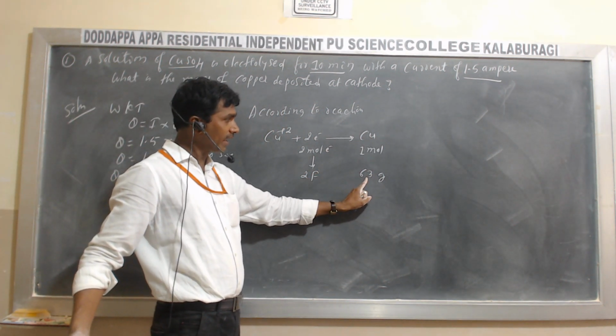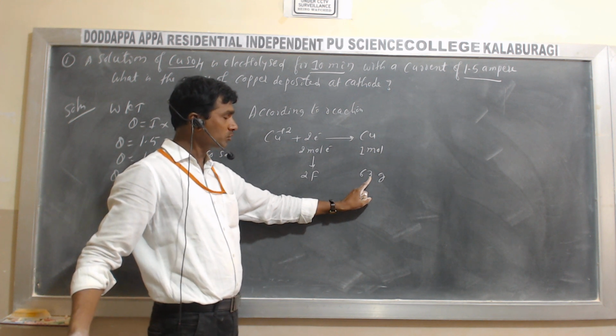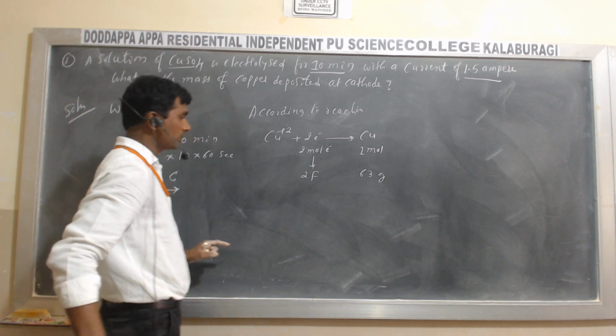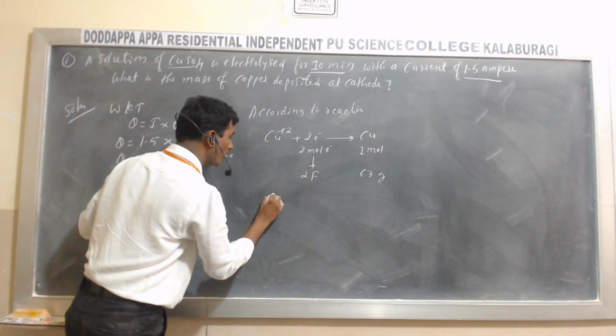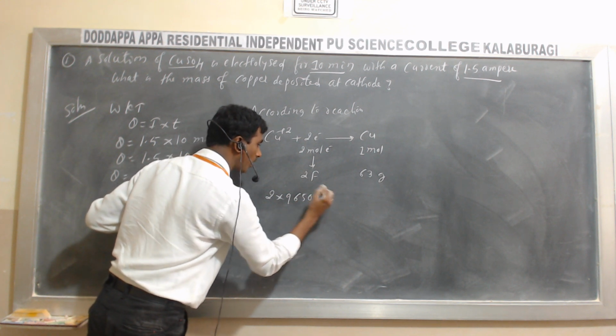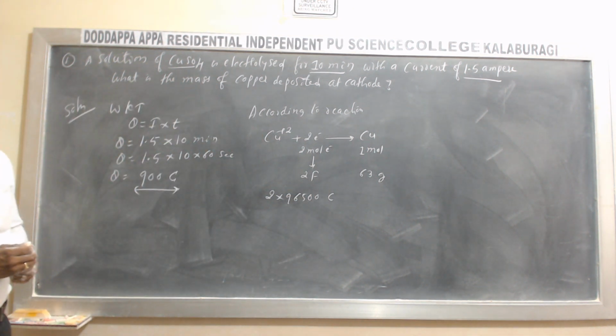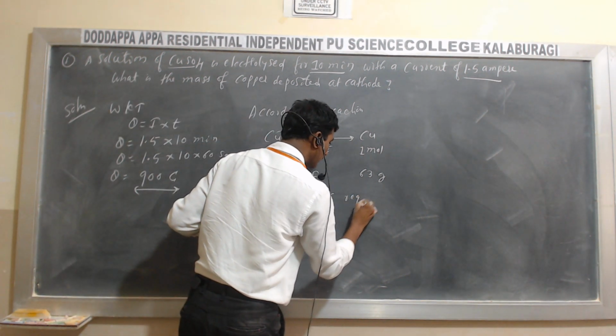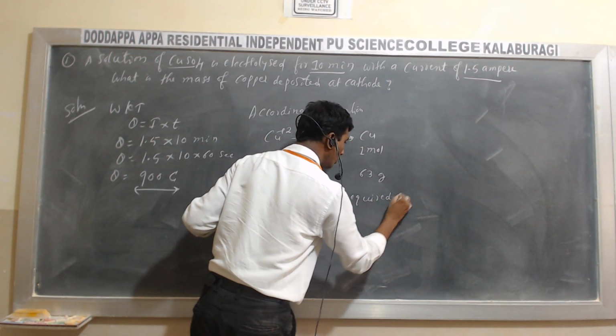So 63 gram is the atomic mass of copper, meaning 1 mole. 2 Faraday is nothing but 2 into 96,500 coulomb.